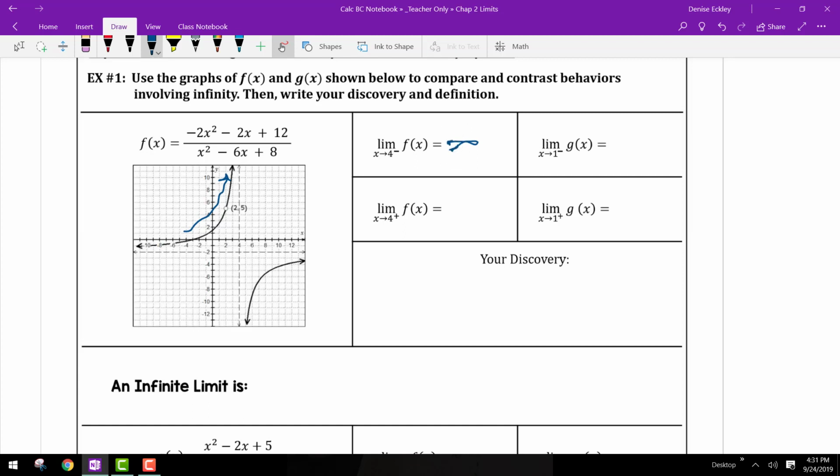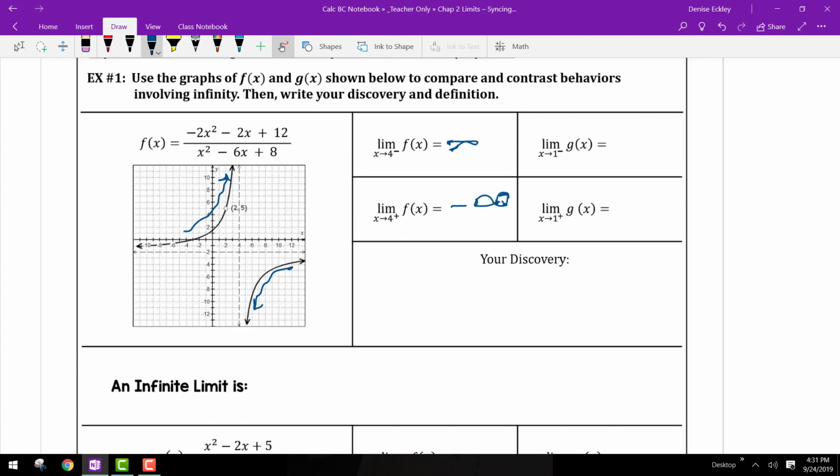And as we trace the graph from the right as we head to 4, we can see that we're headed to negative infinity. My infinities aren't looking so good today. Negative infinity.